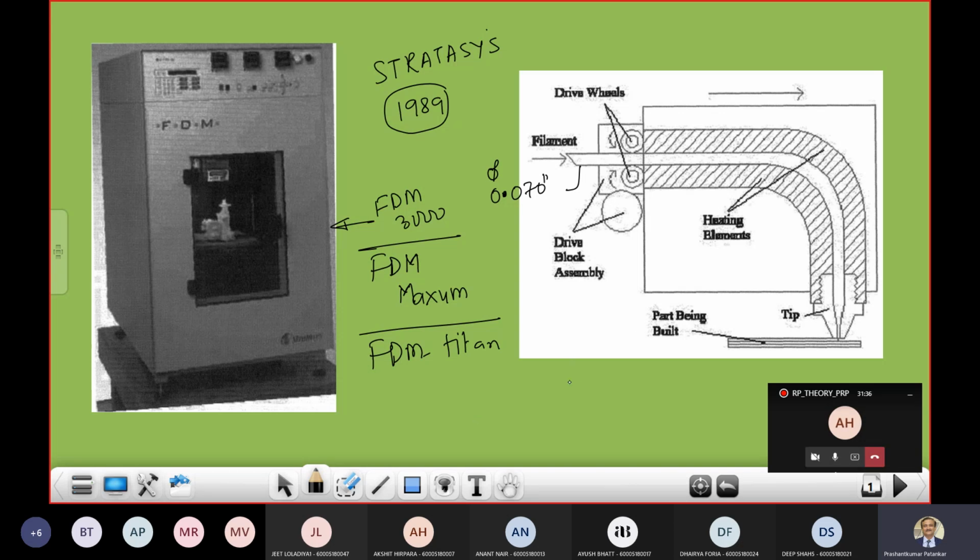You take a spool, and the filament is rolled over it like this. Now the spool is mounted on a spindle at the rear side of this particular machine, and the filament is fed through a flexible tube attached.